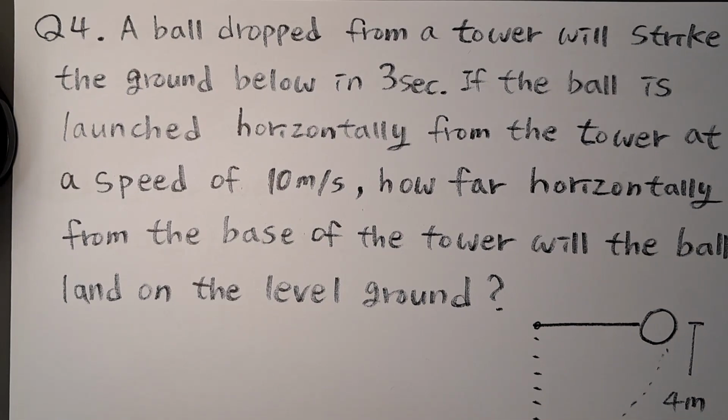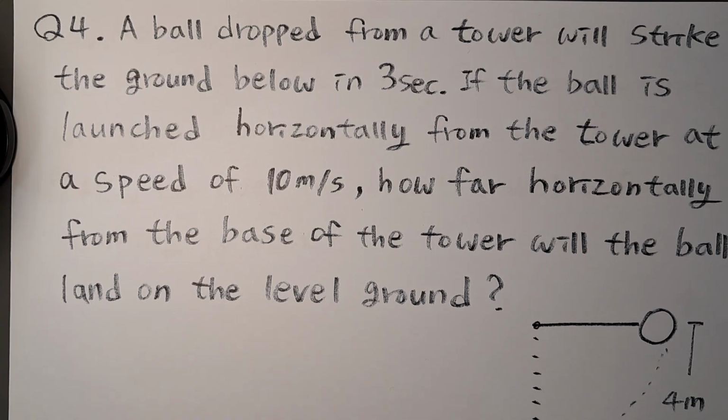A ball dropped from a tower will strike the ground below in 3 seconds. If the ball is launched horizontally from the tower at a speed of 10 meters per second, how far horizontally from the base of the tower will the ball land on the level ground?